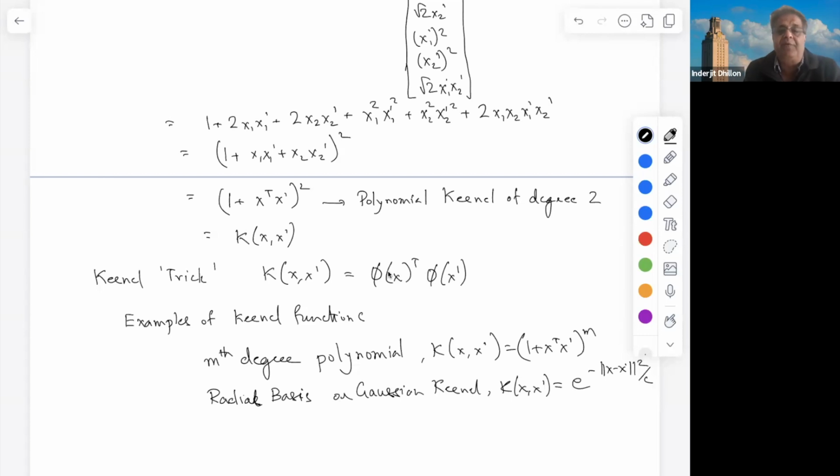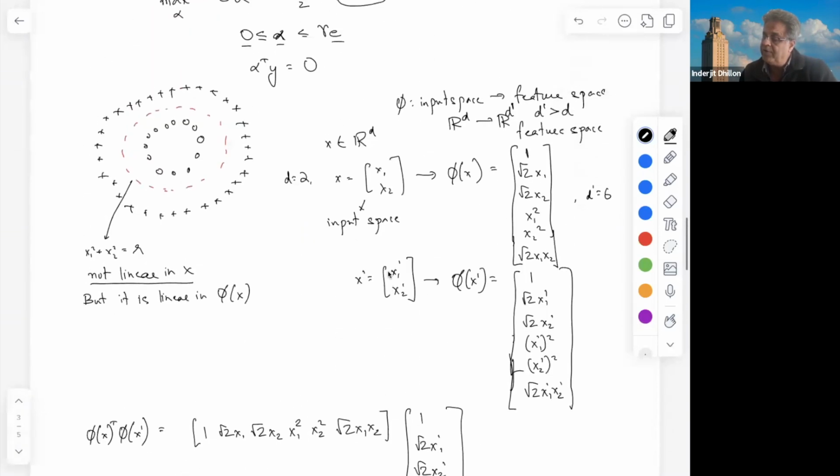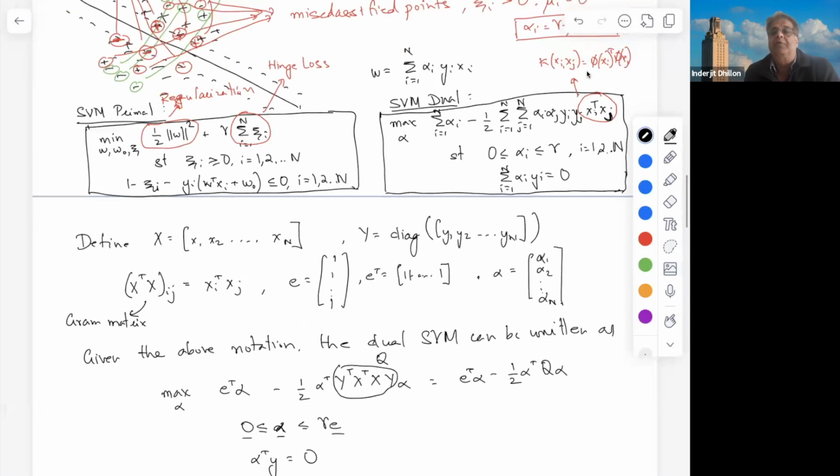And the reason why this is very important is that you can take the dual problem and just replace this inner product with the kernel function. And you can devise methods which never involve explicit enumeration of the feature space. So you never need to compute phi of x.